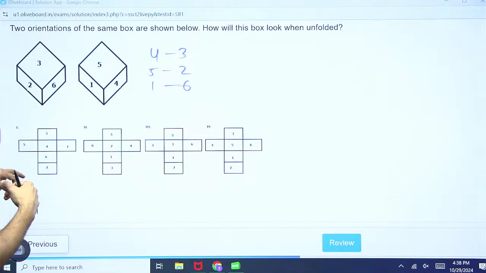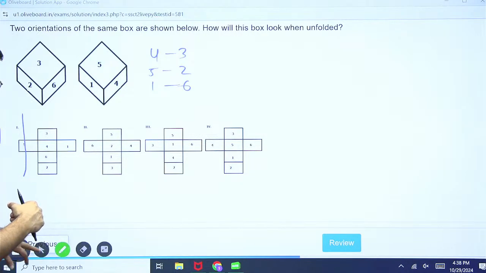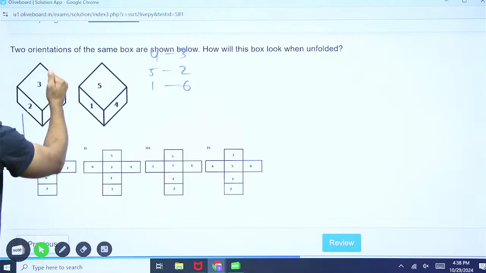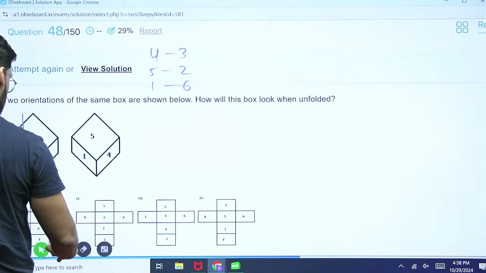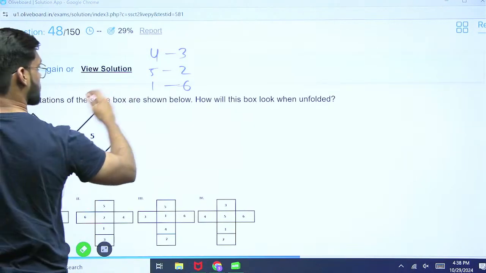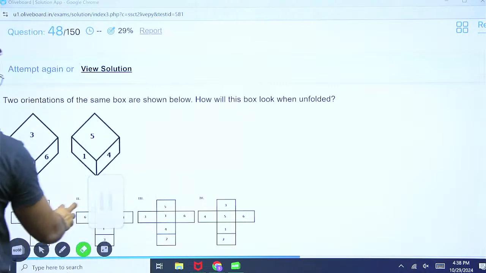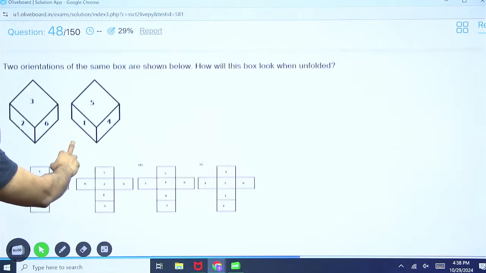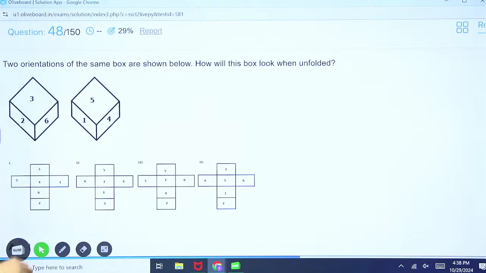So how can we solve this one? What is wrong with this question? Two orientations of the same dice are shown below.